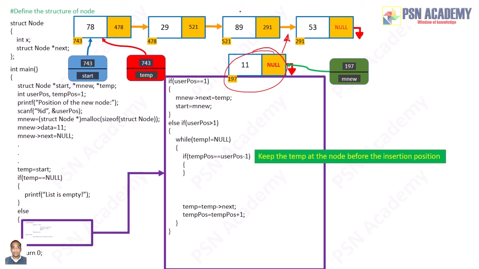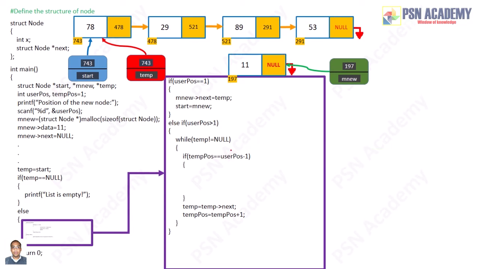Then temp must be here in the third position. If the user wants this new node to be in the third position, then temp must be in the second position. So always keep the temp one step back than the user's position.